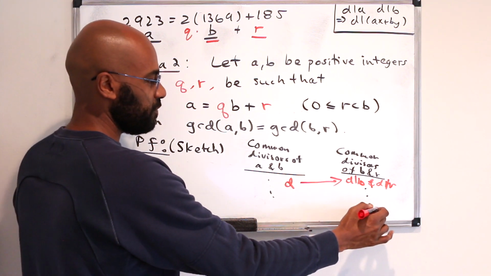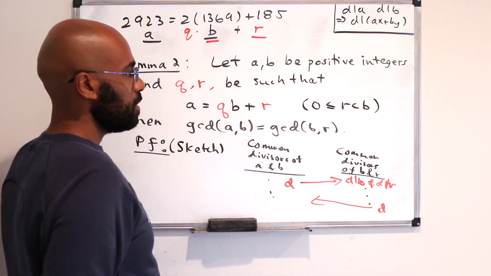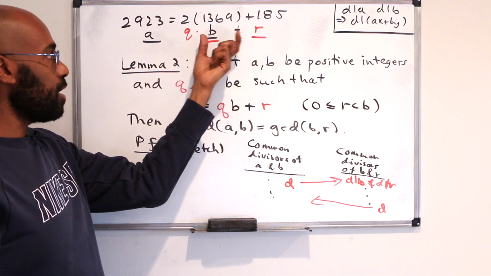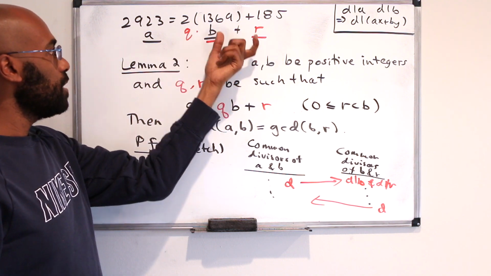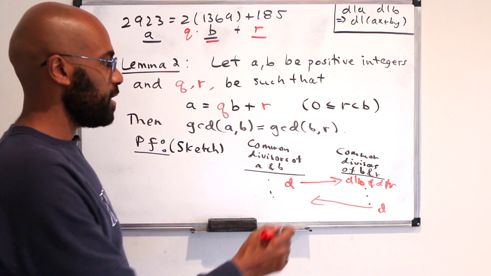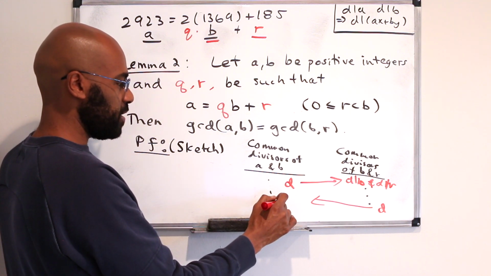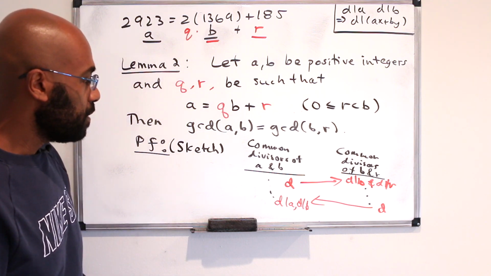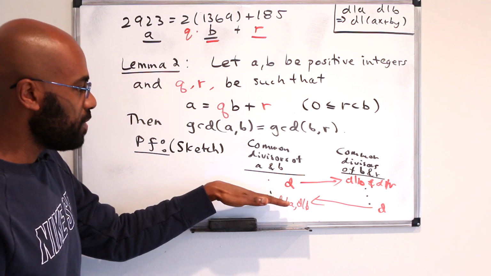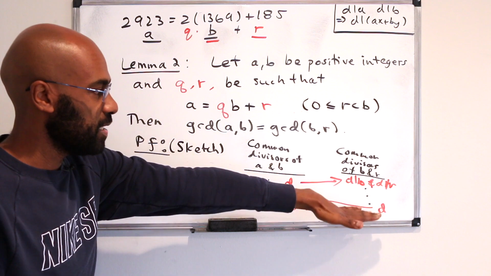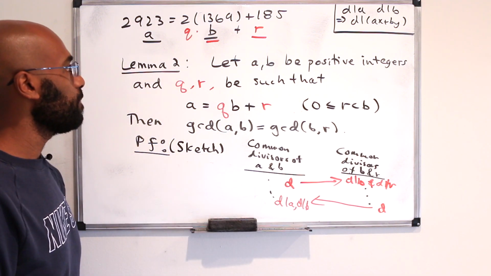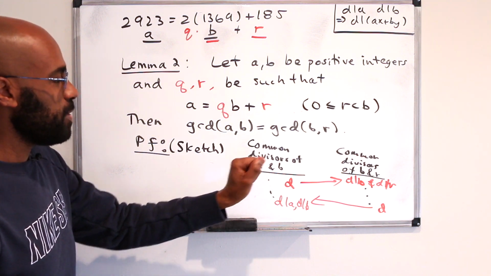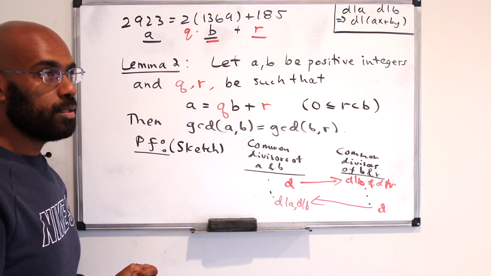But by a similar argument, if we pick something over here, it divides both B and R, so it has to divide this integer combination of B and R, Q times B plus R times 1, which means it divides A. It already divided B in the first place, so it divides both A and B. And so the list of all common divisors of A and B is the same as the list of all common divisors of B and R. If you look at these two lists, the lists look the same.